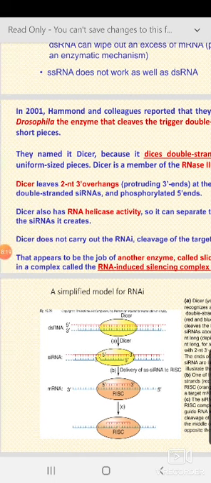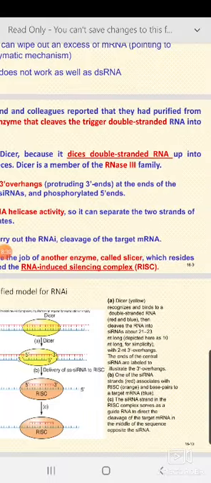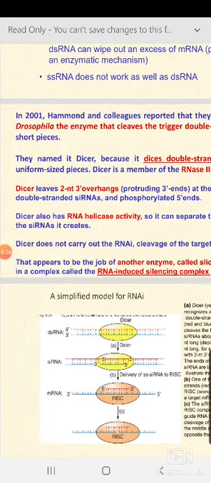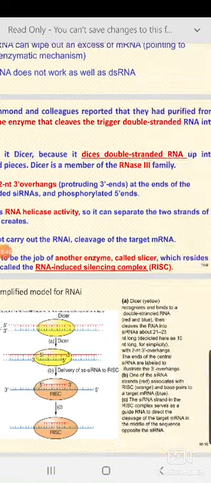I mentioned earlier 2 nucleases. The first one is Dicer. The second one, once we get the siRNA, that means small RNA, that appears to be the job of another enzyme called Slicer, which resides in a complex called the RNA-induced silencing complex, RISC. So Dicer finished its work, it produced siRNA.